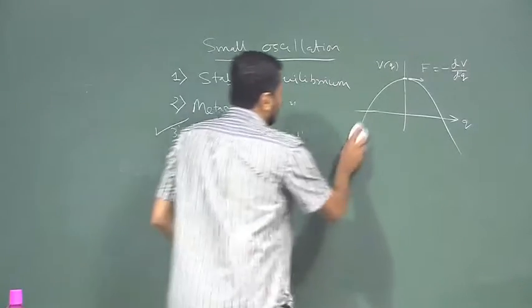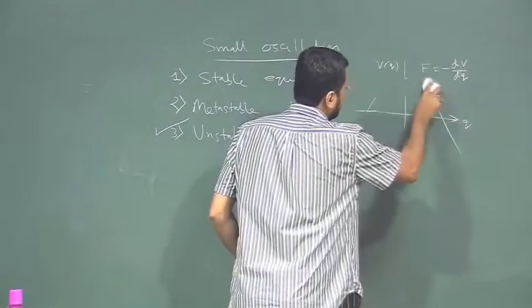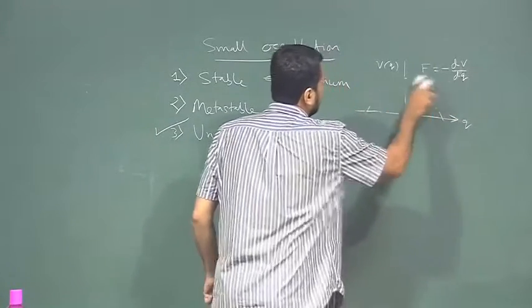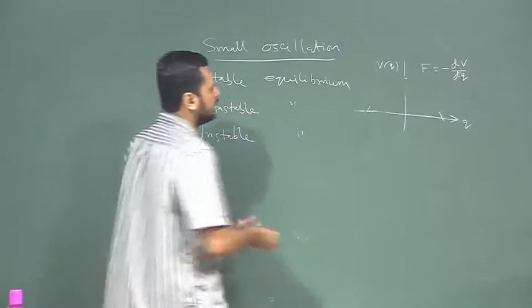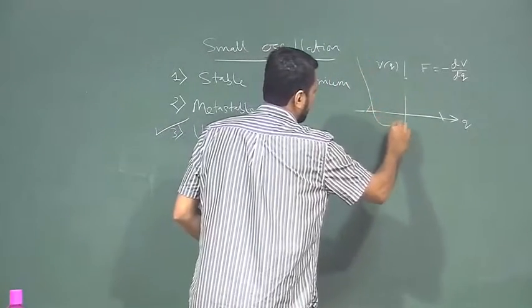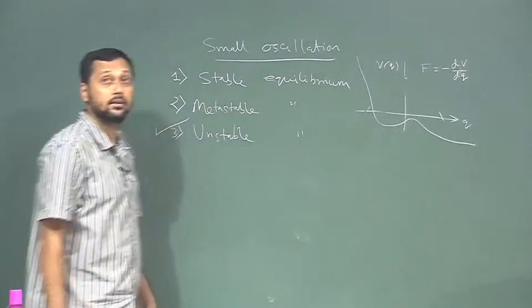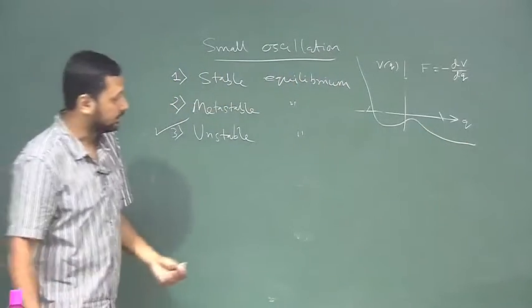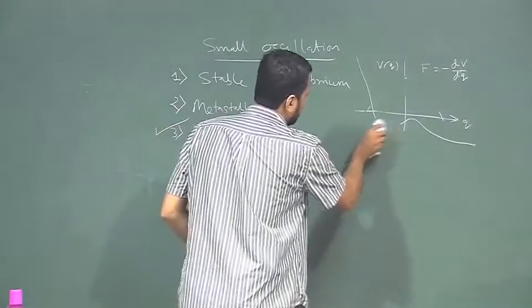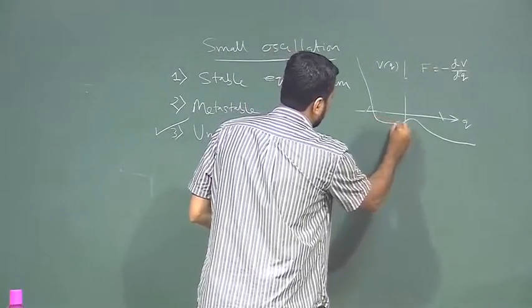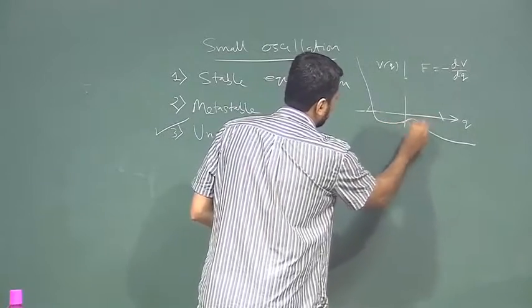Okay. And then we have another situation in which we can have a potential, let us say like this. Actually, this is not a very good drawing, it should be even shallower. Yeah, we can have a function like this.